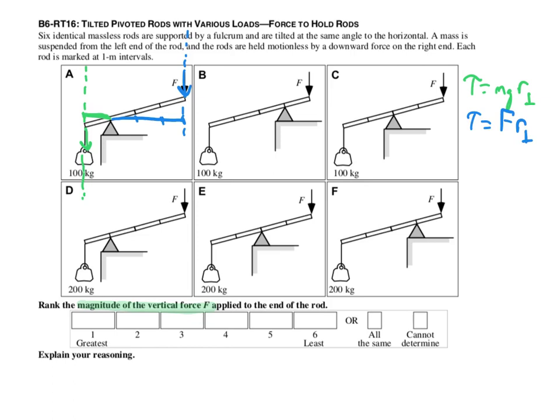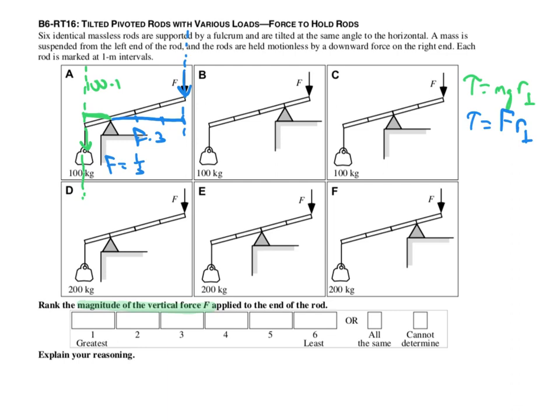Since I only want the scales and not the actual number, it'll be okay if I get stuff in sort of kilogram equivalents. So I can look over here and say I have 100 times 1, and then I have F times 3. So that says that F is going to be something like 1/3.